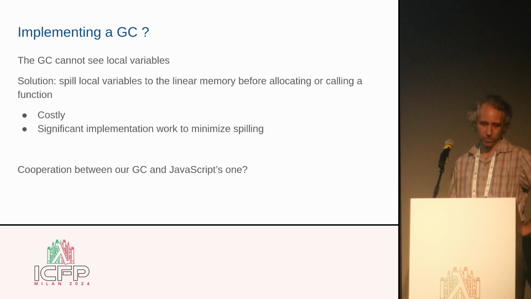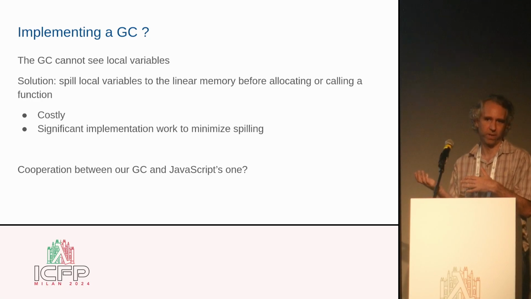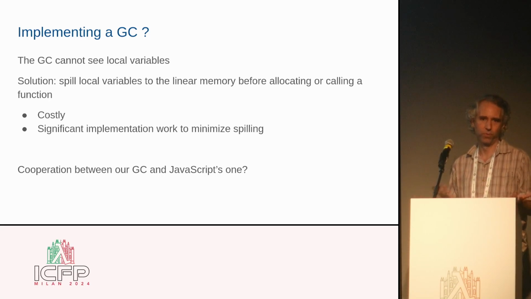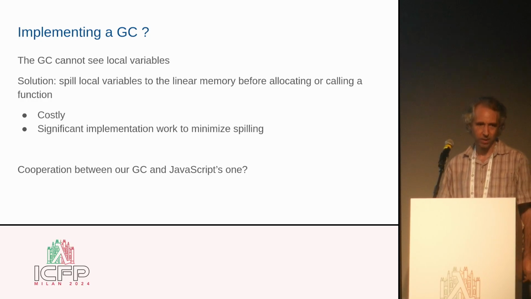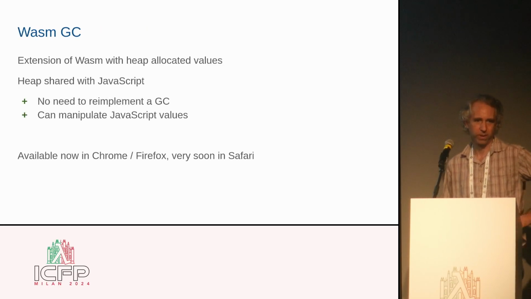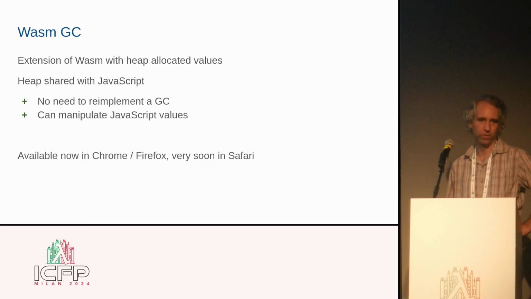Another issue is that now you have two GCs, the GC of the language and the JavaScript GC, and they have to cooperate somehow. This was the situation until recently. But now there is an extension of WASM with heap allocated values.